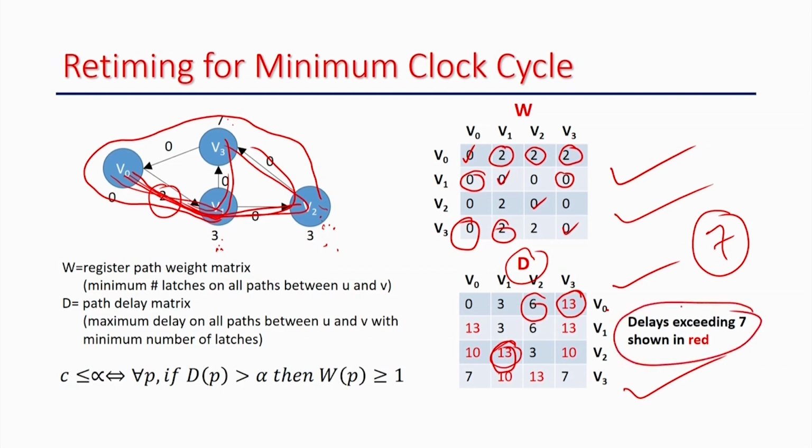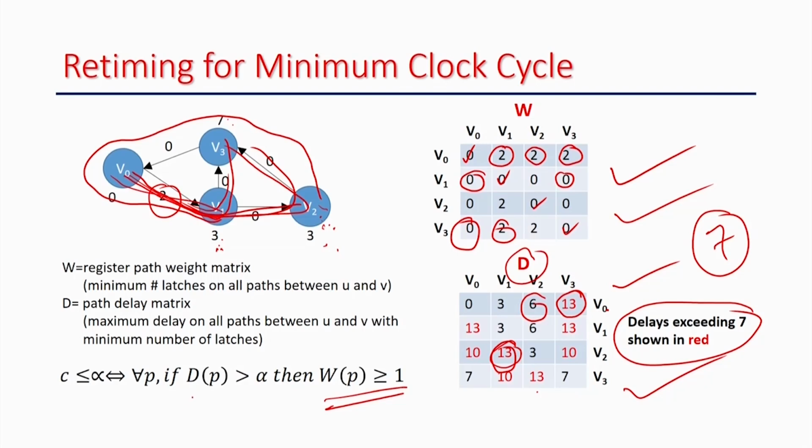All the entries in red are the combinational paths which do not satisfy the target, as they have a delay of more than 7. So they are the critical paths, because our target clock period is 7 and we are getting values like 13 and 10 here. They are not satisfying our target clock period.